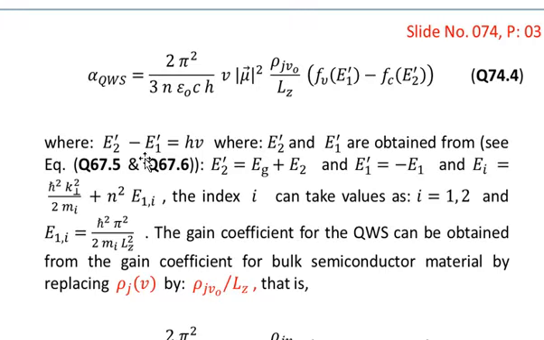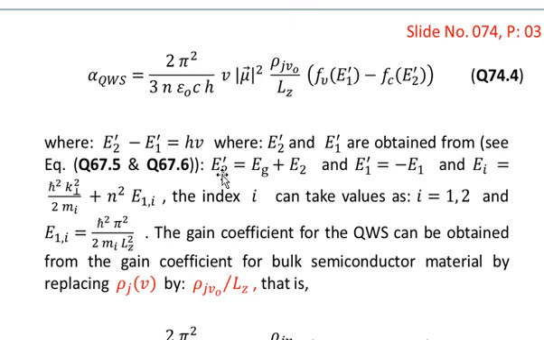That is the difference in these two levels in terms of the frequency of the incident beam will be equal to this, that is E2 prime minus E1 prime is equal to h nu. So for the case of absorption, you must provide a beam with this frequency so that you can make an excitation from the level E1 prime to the level E2 prime, where E2 prime and E1 prime are obtained from equation numbers 67.5 and 67.6.